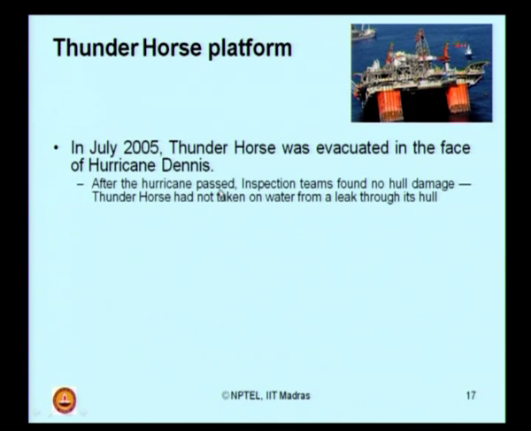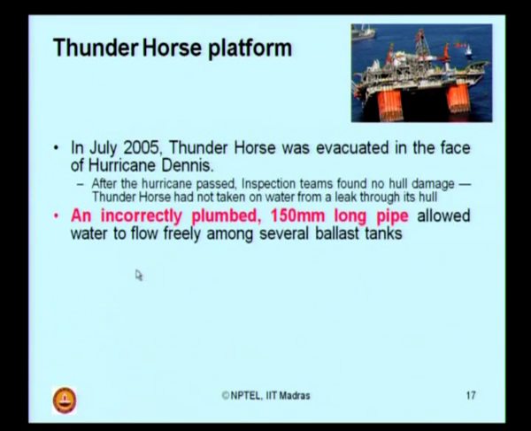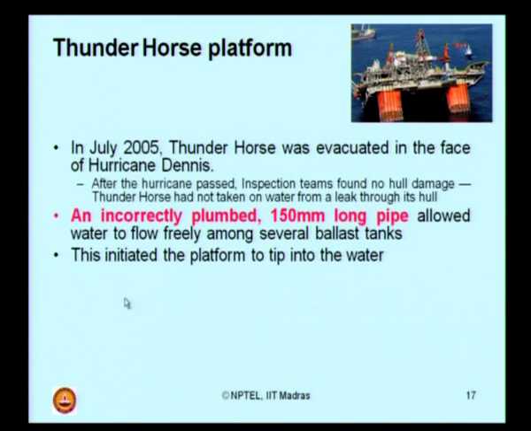After the hurricane passed, inspection teams found no hull damage. Thunder Horse had not taken on water from a leak through its hull. This went unnoticed. It all resulted from an incorrectly plumbed pipe just 6 inches long. This 6 inch pipe, which was incorrectly plumbed, allowed water to flow freely among several ballast tanks of the platform, and this caused the platform to tip into the water.